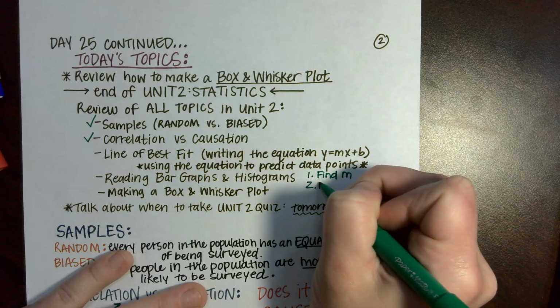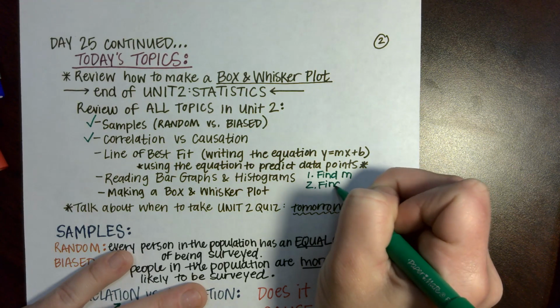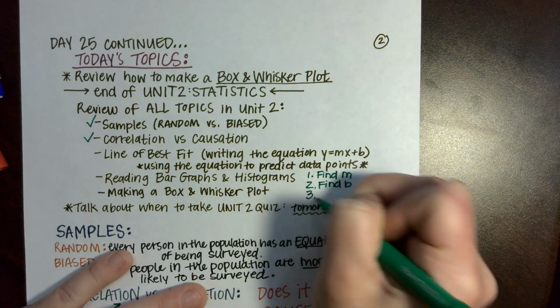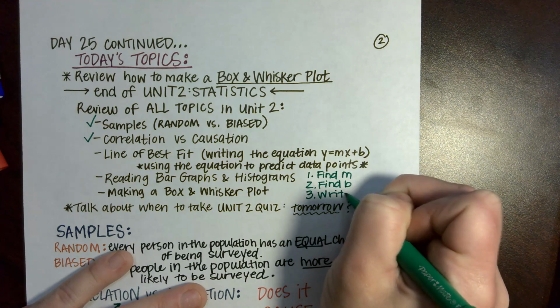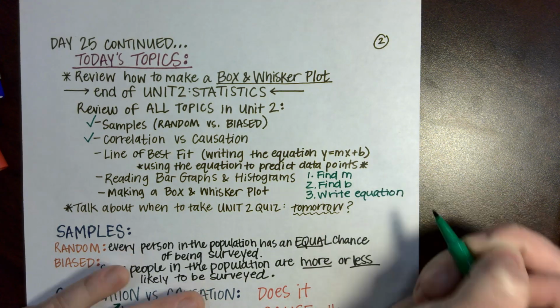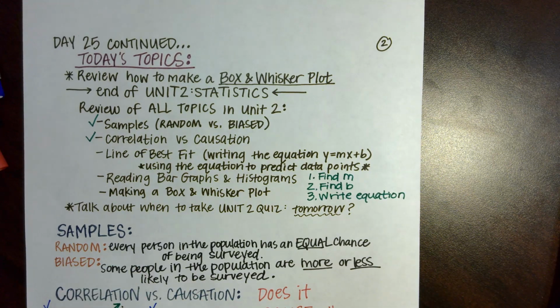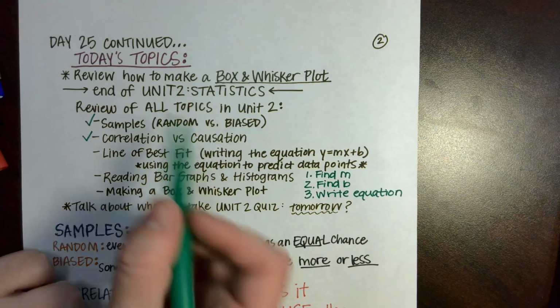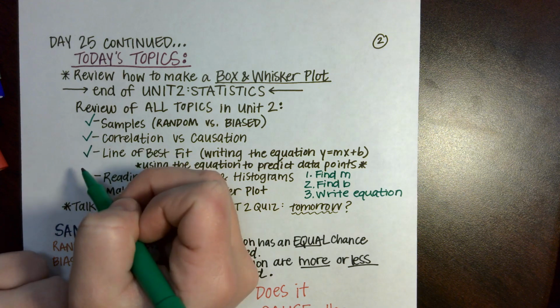Step 2, find your B or your y-intercept. And then step 3 is just to write the equation. And we'll look more at that in depth whenever we get to the practice quiz. I don't want to spend too much time on it right now because we'll go in a lot more depth in a minute.